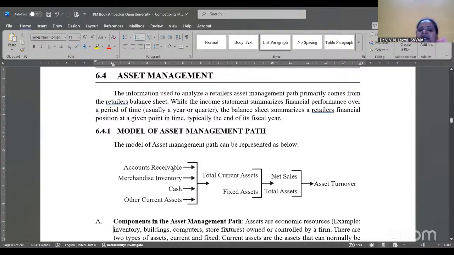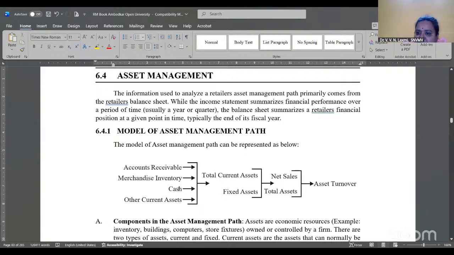Now, there are different assets like accounts receivable in the hands of the retailer. It could be the stock that is sold on credit by the retailer. Then there is merchandise inventory, that is the merchandise that is still unsold and carried by the retailer in his warehouse or in the shop on the shelf.